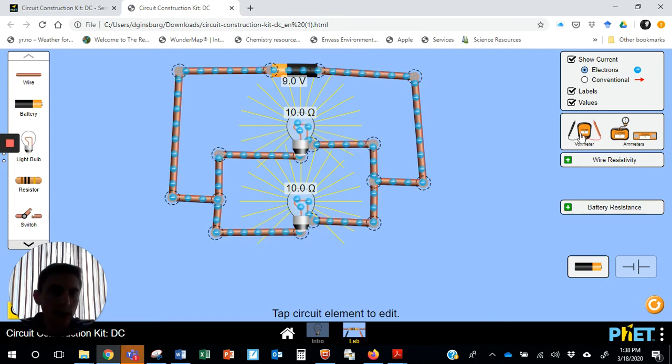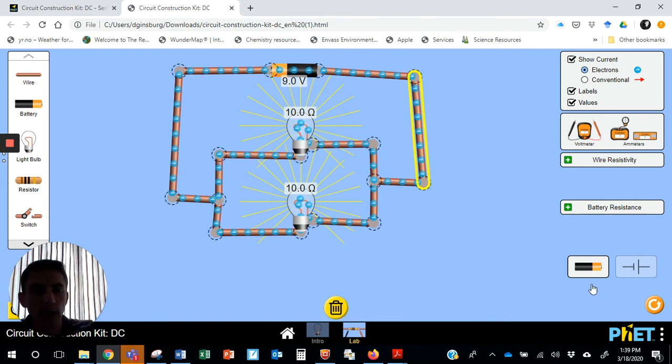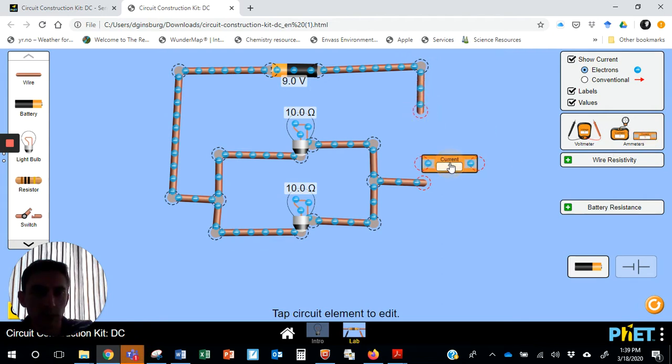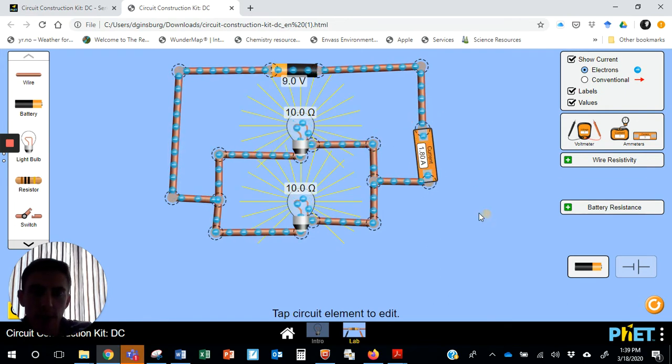Okay, let's look at what the total current is. So I'm going to put an ammeter in the series part of the circuit. It doesn't have it on your circuit diagram in your notes, but that's okay. So along that part of the circuit, we've got 1.80 amps.